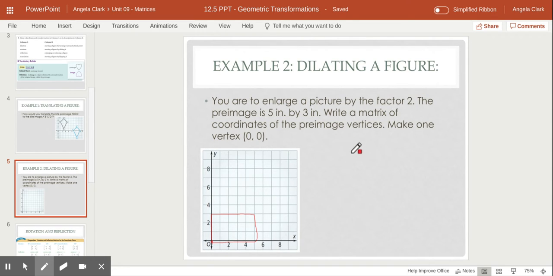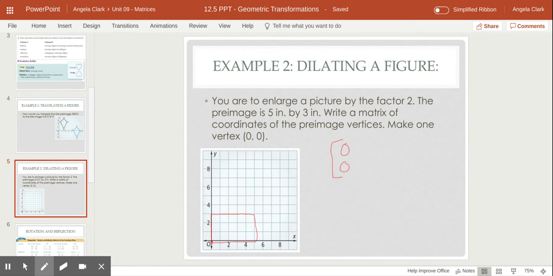So we need to write our preimage matrix. We just write that by writing all of the coordinates of the vertices. The order doesn't actually matter. I'm just going to start here at 0, 0 and go around like this. But the order doesn't matter as long as all 4 are in there.